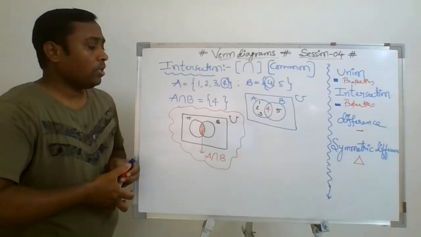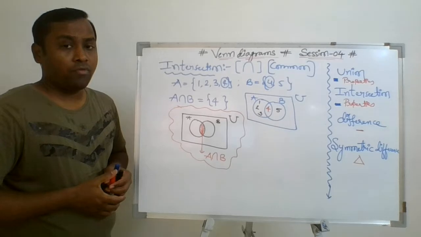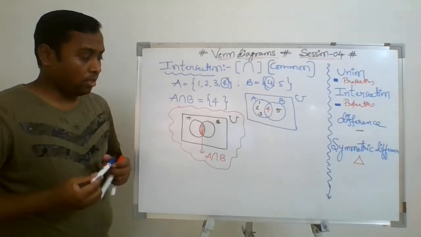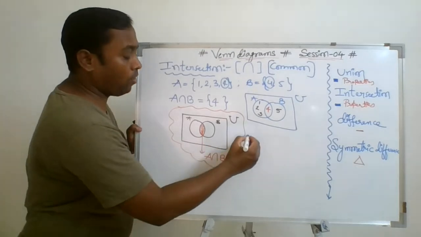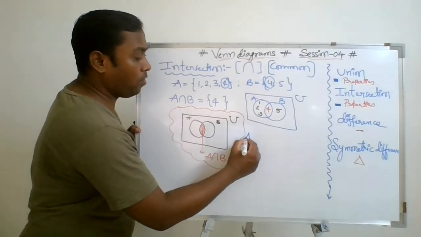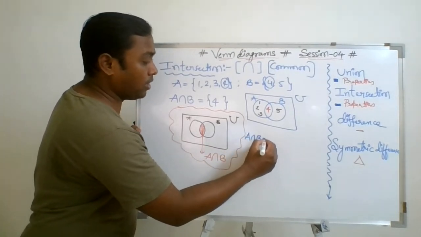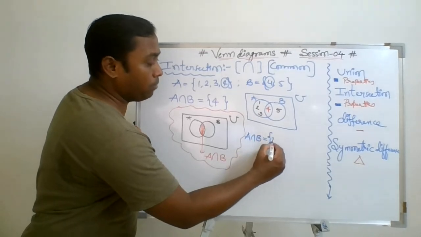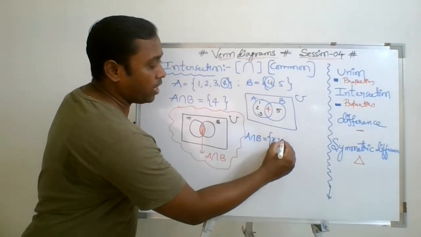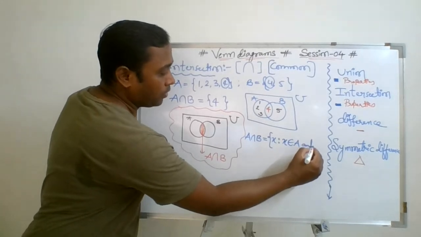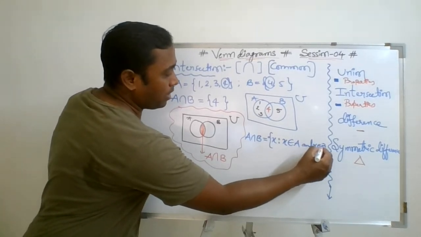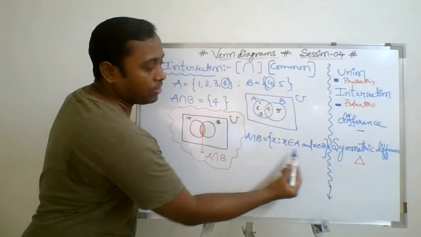Now with the help of this, we are going to write the intersection of two sets in set builder form. What does set builder form say? A intersection B is a set of the elements X such that X belongs to A and X also belongs to B. You can see the language I am using.